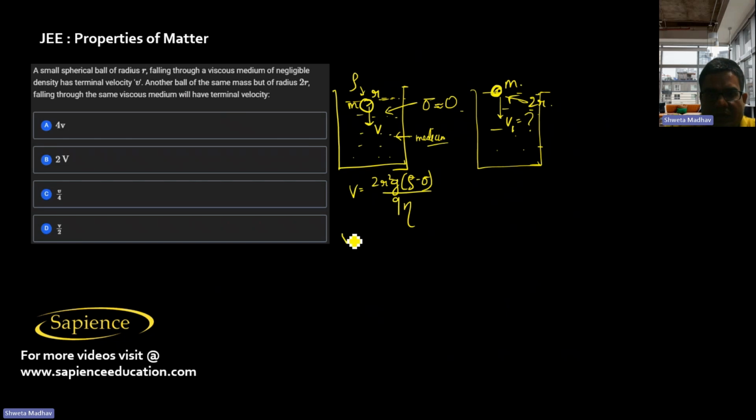So now V will be equal to 2r square into g into rho, since sigma is approximately 0, by 9 eta. And here V1 will be equal to 2 into 2r square, 2r whole square.